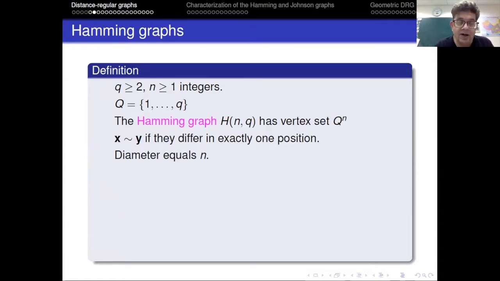The Hamming graph H(n,q) has vertex set Q^n, that means the vectors of length n with entries in Q, and two such vectors are adjacent if they differ in exactly one position. It's not difficult to see the diameter equals n. H(n,2) is just the n-cube. They are distance regular with c_i equal to i.